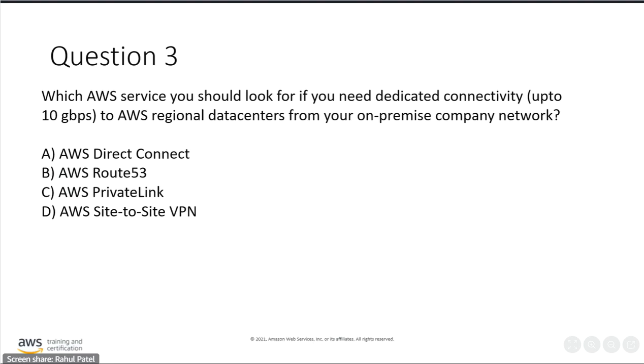Next question: which AWS service should you look for if you need dedicated connectivity up to 10 Gbps to AWS regional data centers from your own premises company network? Privately, up to 10 Gbps.